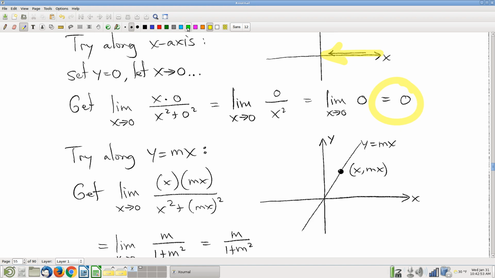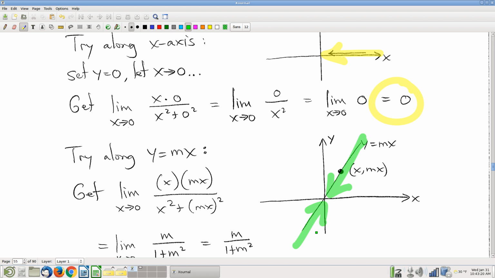Let's think about along that line, y equals mx. Which, by the way, also does the calculation in the other direction as well. So along these two different paths, let's do that calculation. In fact, it's really more than just those two paths, because notice, I didn't say what m is.